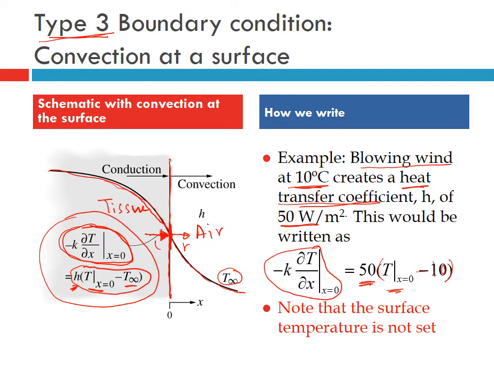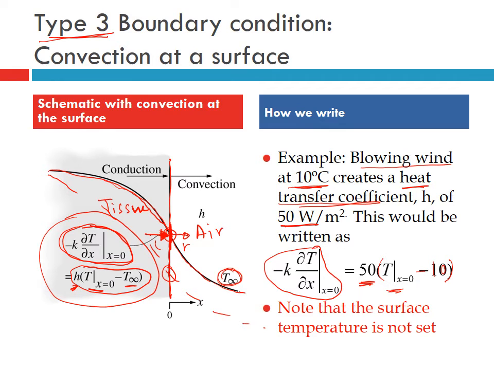So what is the big deal in all this? You notice that depending on T infinity, if the air is colder, then our temperature profile can change.